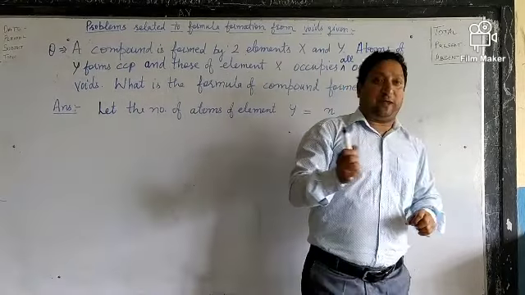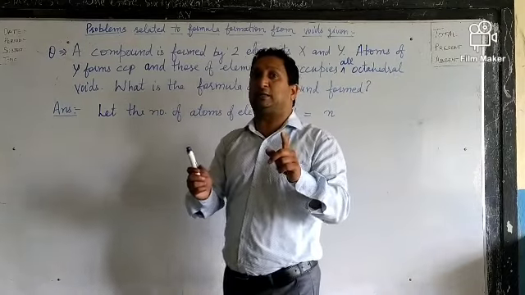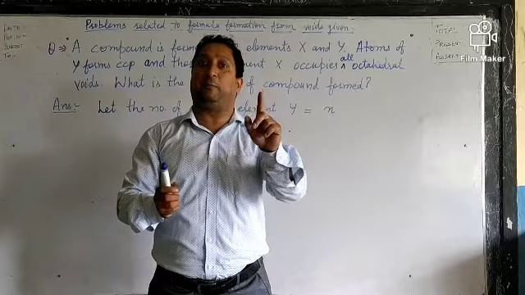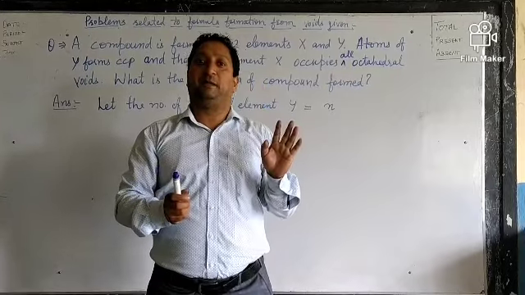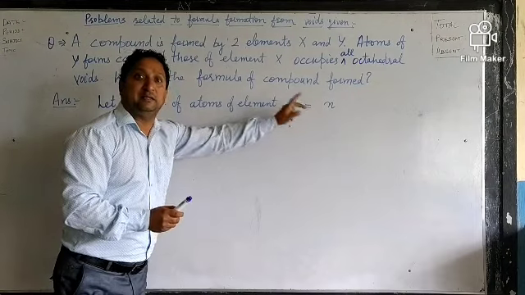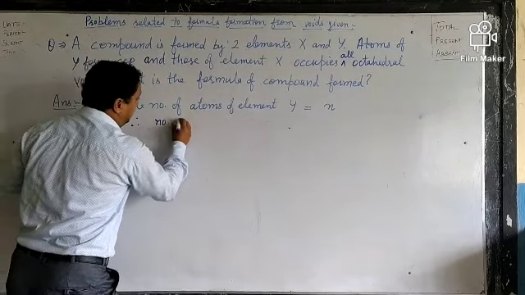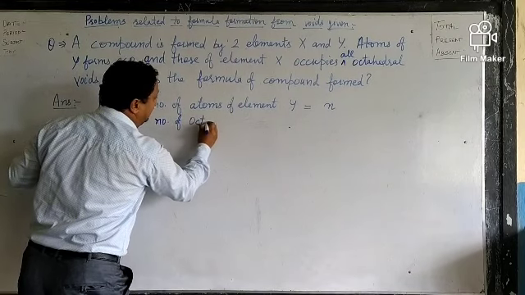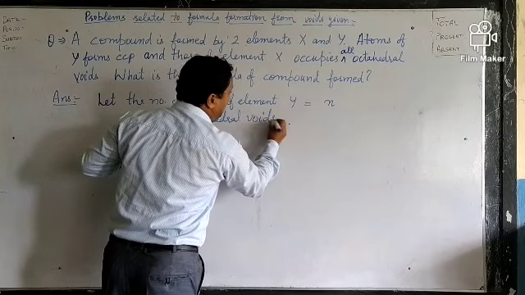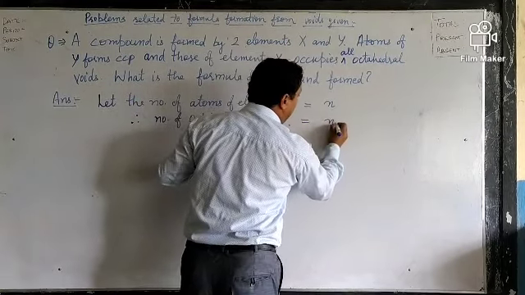Now, if the number of atoms is n, then the number of octahedral voids is also equal to n, because there is one octahedral void per atom. Here the number of atoms we have considered is n. Therefore, the number of octahedral voids will also be equal to n.